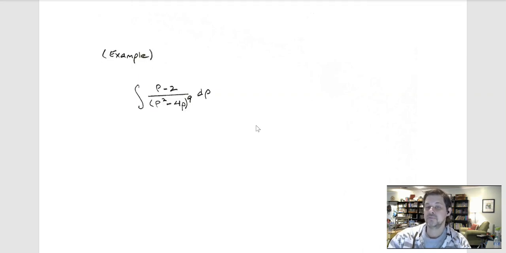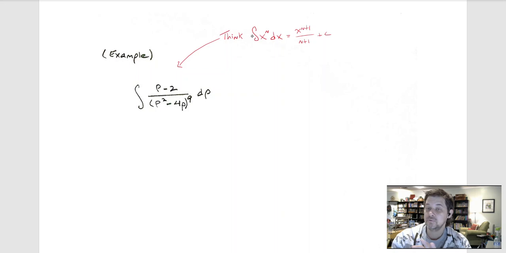So here's another one. Here's one that as we look at it, we think, could our basic rule, which is like this, it says the antiderivative, the indefinite integral of x raised to some power n dx is x to the n plus 1 power over n plus 1 plus c.